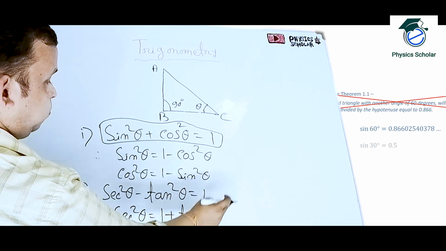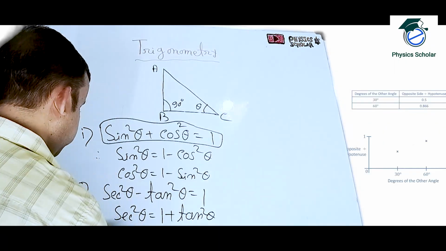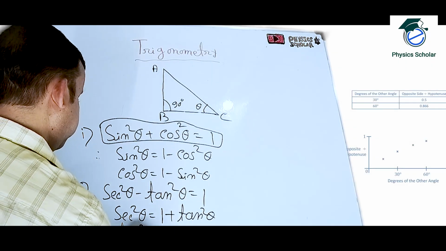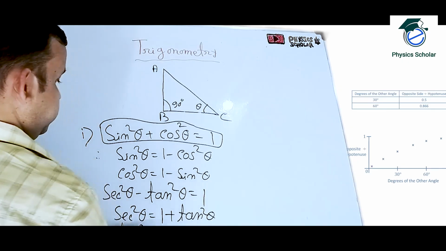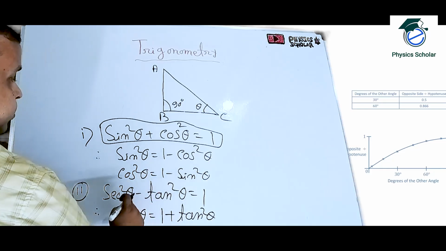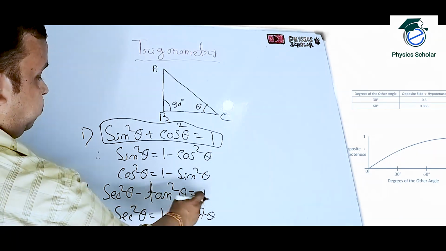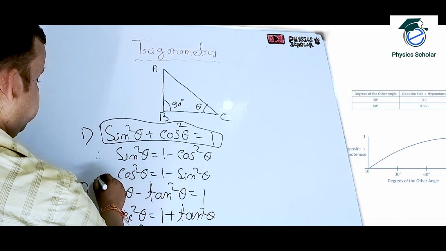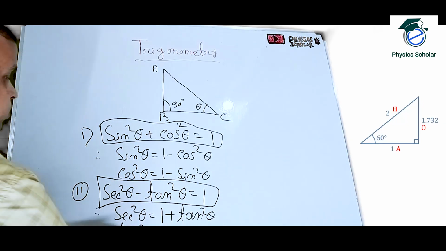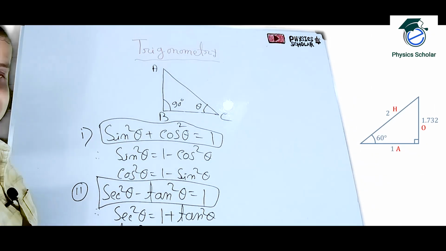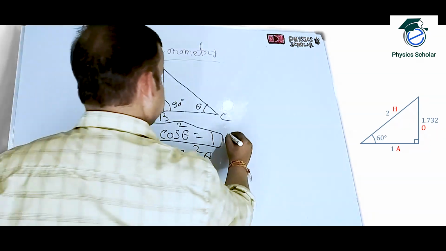Or tan square theta is equal to sec square theta minus 1. So this is the main formula, and from this we can derive these two. Very simple.